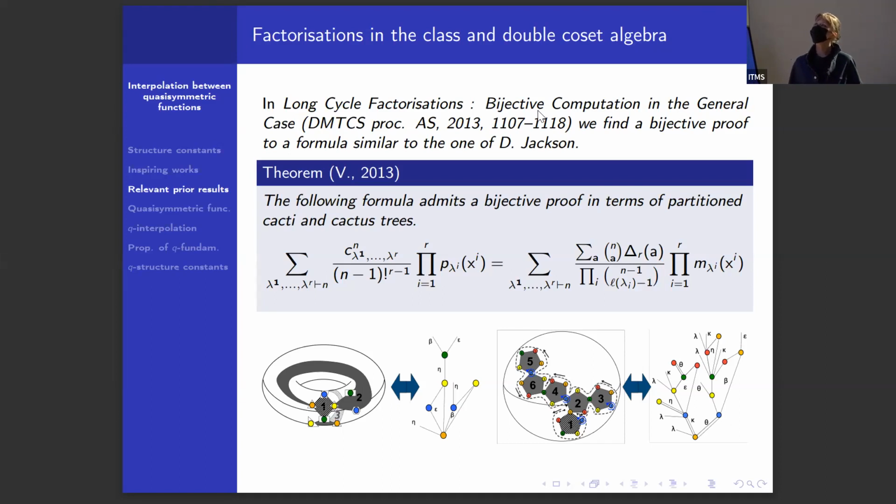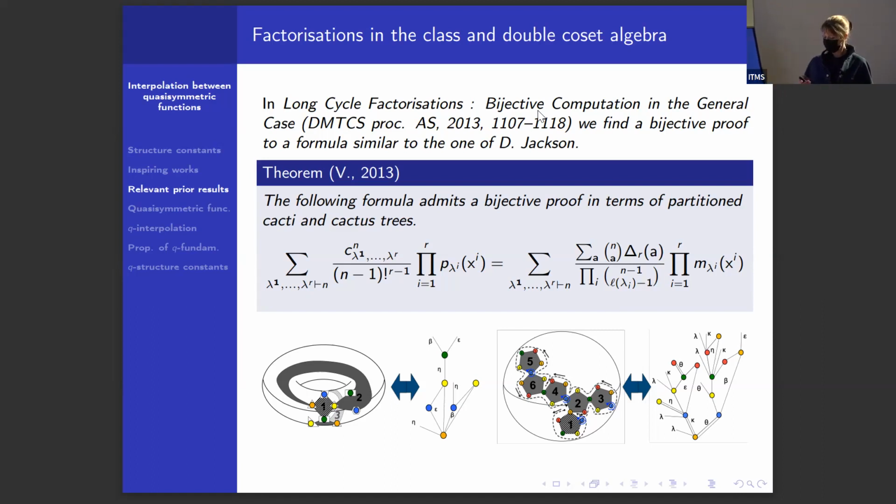This bijection provides a purely combinatorial proof of a formula for the structure constants of the class algebra that is almost identical to the formula of David Jackson. Certainly, we proved that these formulas are equivalent in some limit cases.